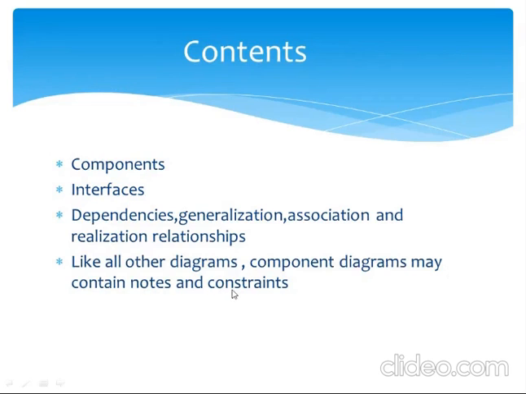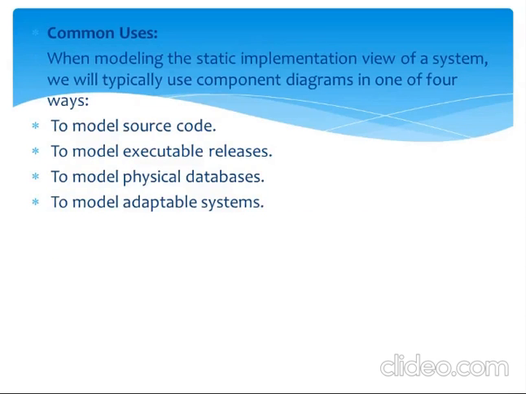The common uses of the component diagram are to model the static implementation of your system. These are the four main common uses: to model source code, to model executable releases, to model physical databases, and to model adaptable systems as well.